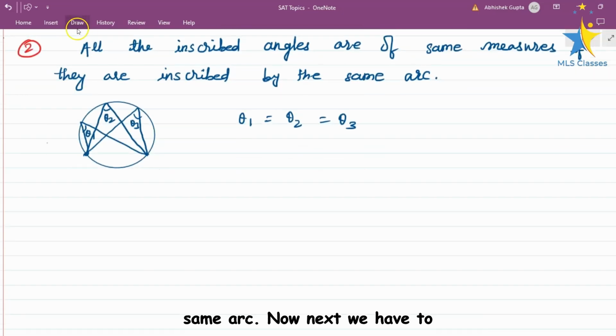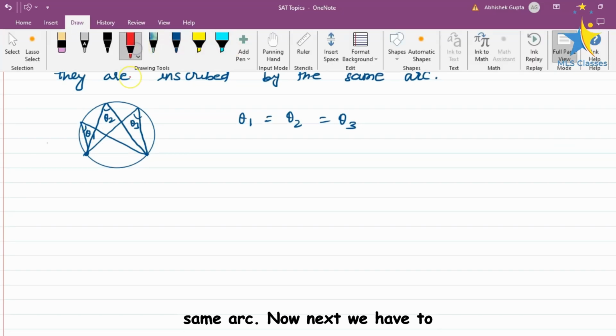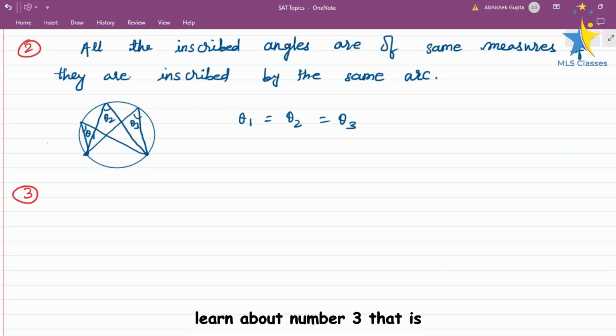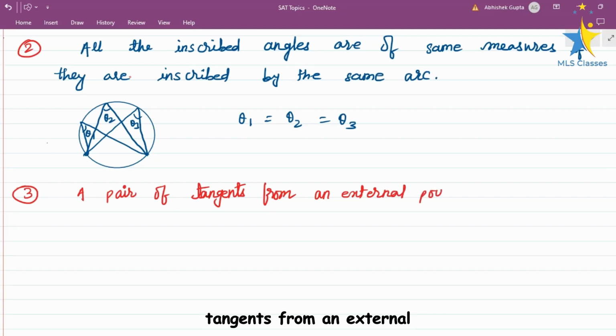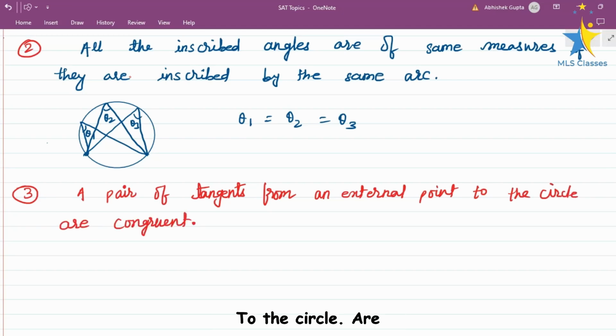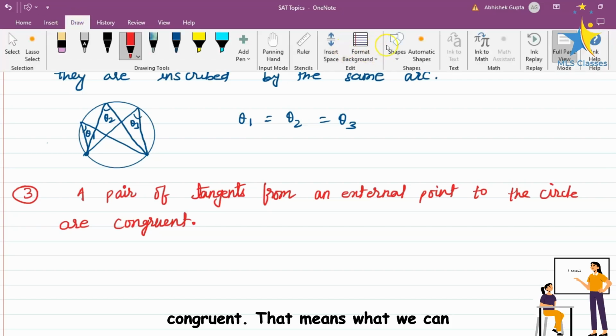Now next we have to learn about number 3, the theorems related to tangents. First, a pair of tangents from an external point to the circle are congruent.